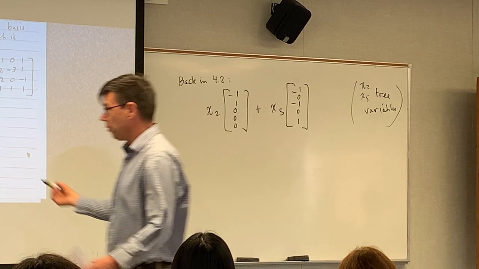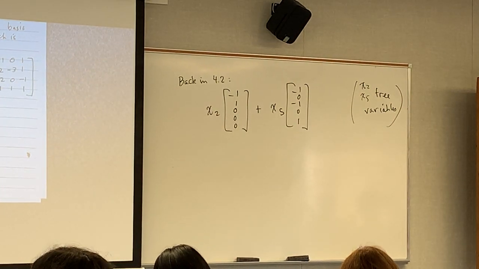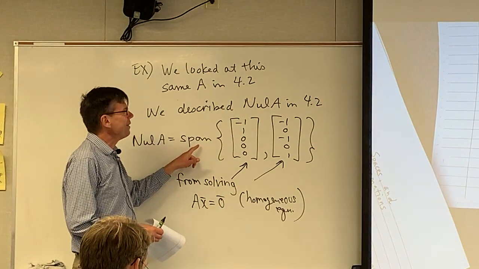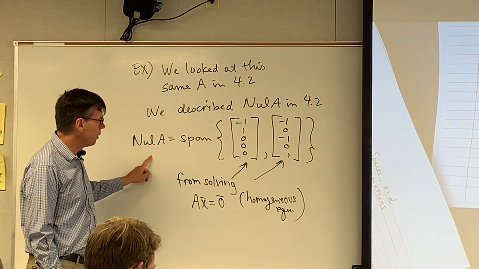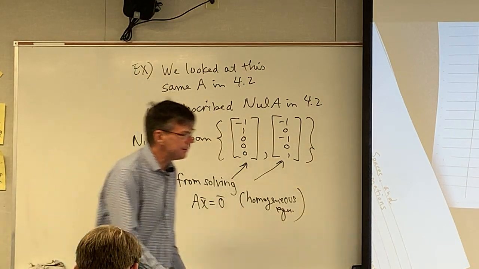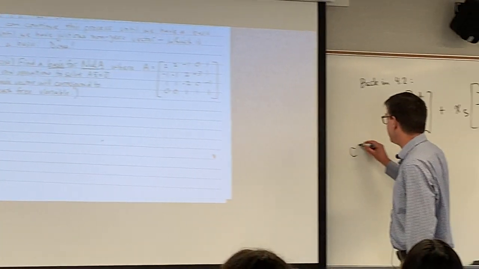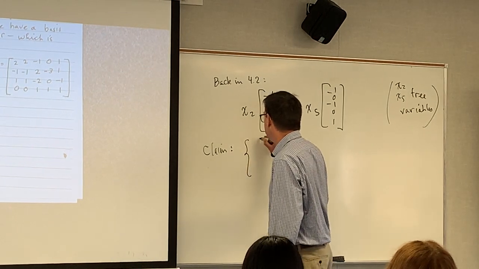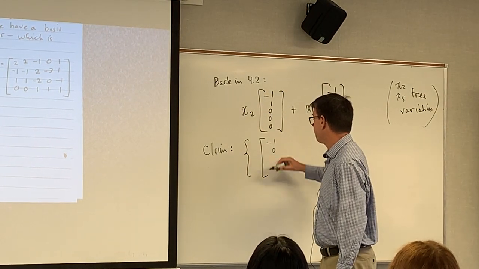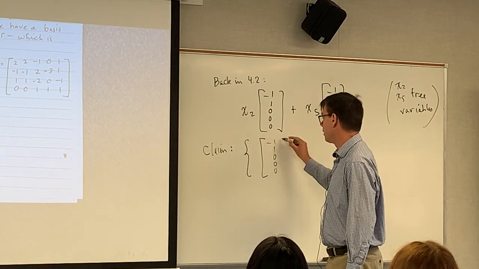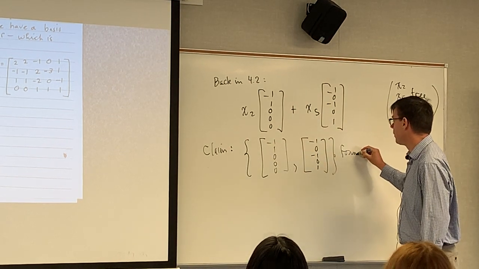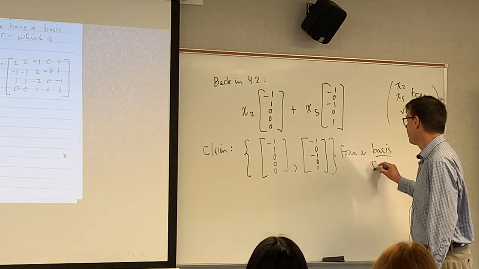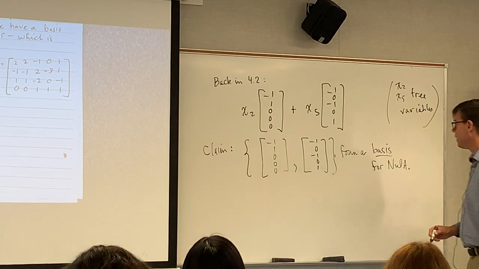Now, there's only a little bit new to this. We know the span of these two vectors is the null space of A. In order for these two to be a basis, in fact, maybe I should say that's a claim, that the set of these two vectors form a basis for null A. That's what's new here.